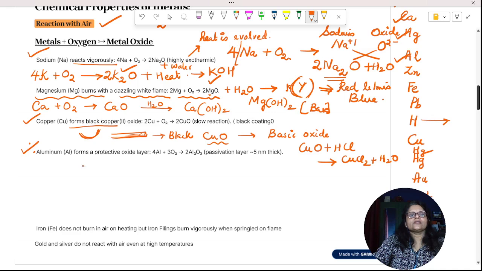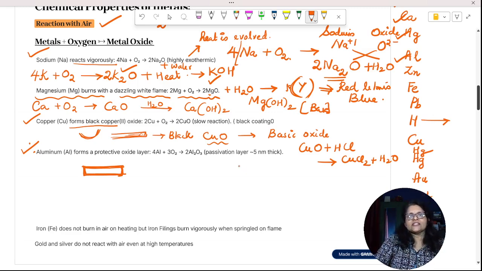If you take a vessel or a big block of aluminium and it reacts with oxygen, only an outer thickness of 5 nanometers of aluminium oxide covers the metal. And then that layer will further protect the aluminium metal from further oxidation.